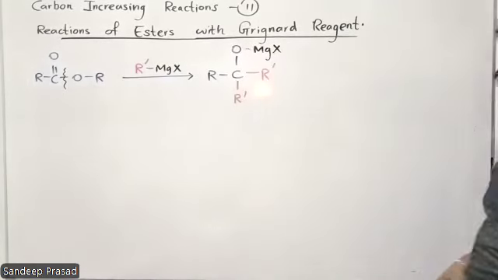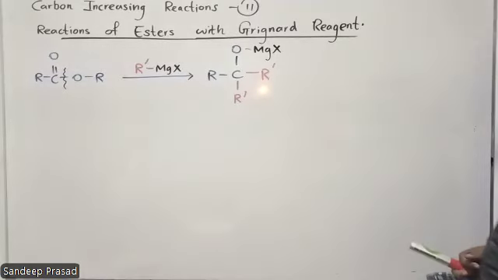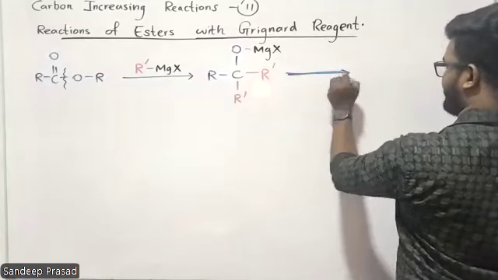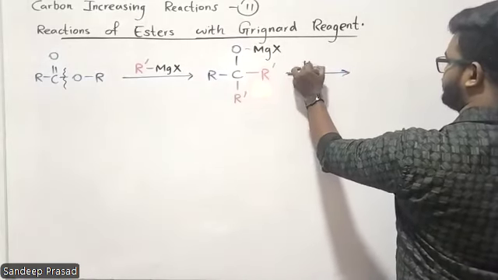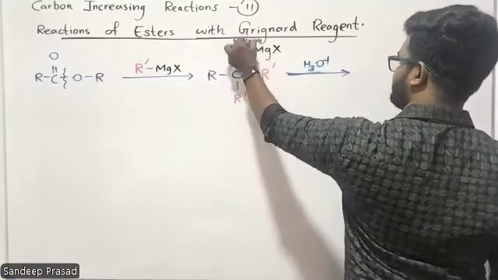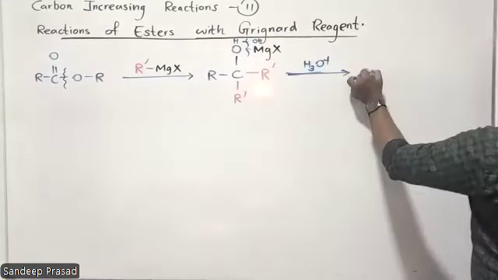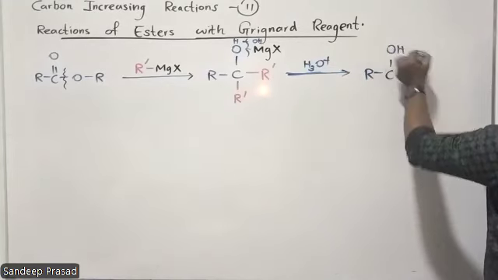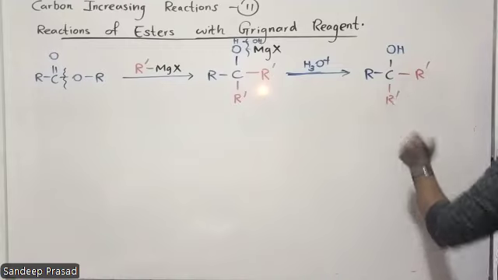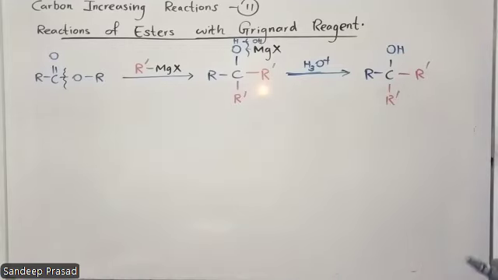Then we know that when we do the hydrolysis reaction and add H3O plus, hydrogen and OH are connecting here. Then it is producing R, C, OH, with R' and R'. Can you understand?